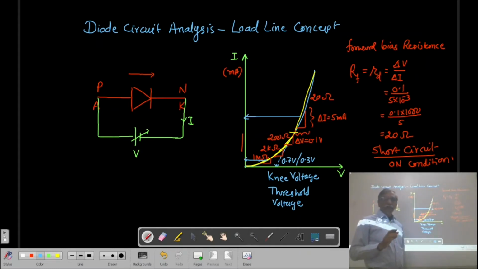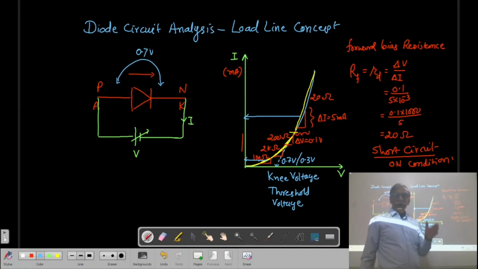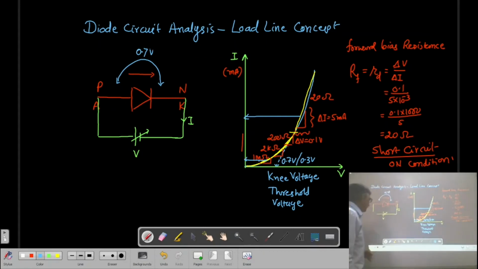Remember this forward bias connection in this manner: when the potential difference between the anode and cathode is 0.7 volt for silicon, or greater than 0.7 volt, then the diode will be in forward bias. Second, the anode should be more positive than the cathode by an amount of 0.7 volt.